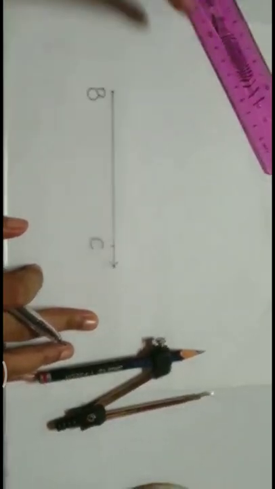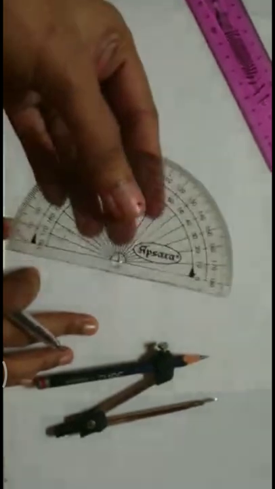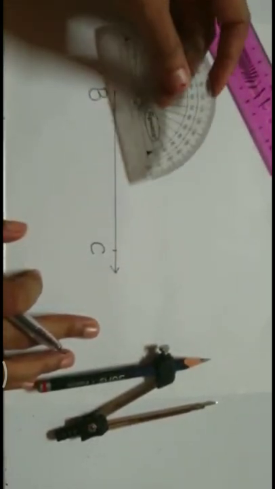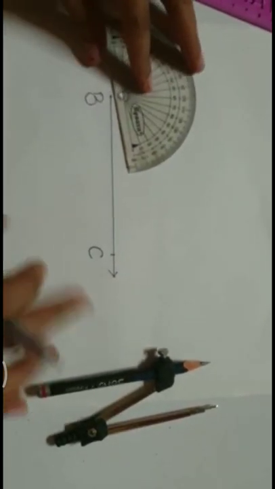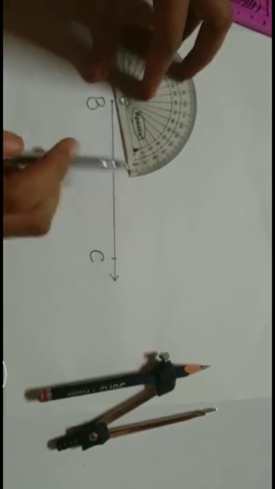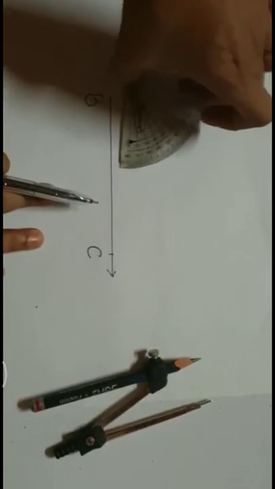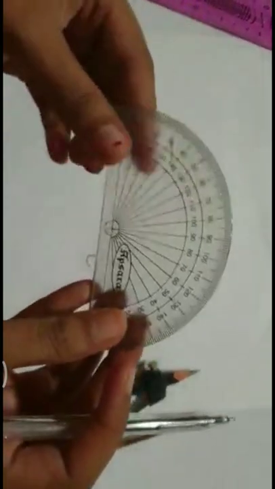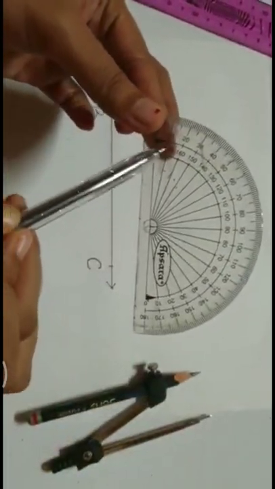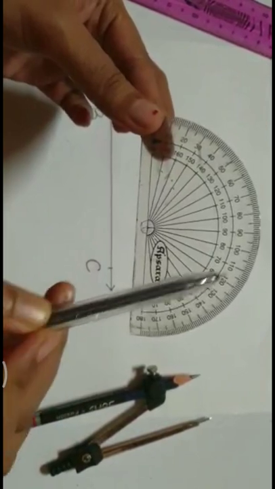After drawing the ray, we are going to take the measure of 50 degrees on the protractor. We have to place the center of the protractor on point B. You can see that there are two scales, inner scale and outer scale.